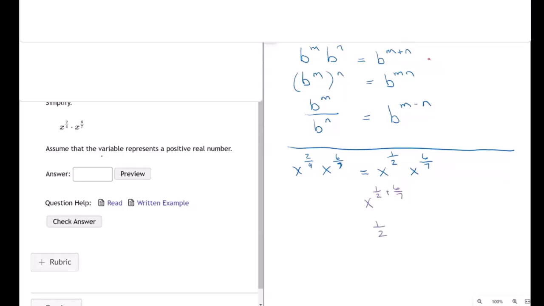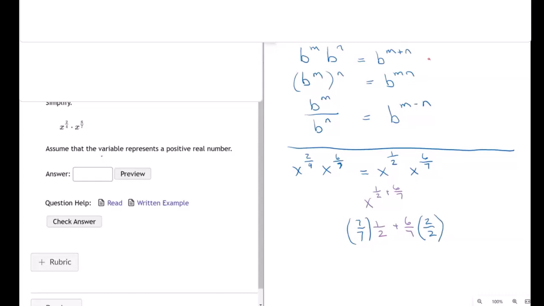1/2 plus 6/7. First, I'm going to find a common denominator, which is going to be 14. Multiply this side by 7 over 7, and this side by 2 over 2.